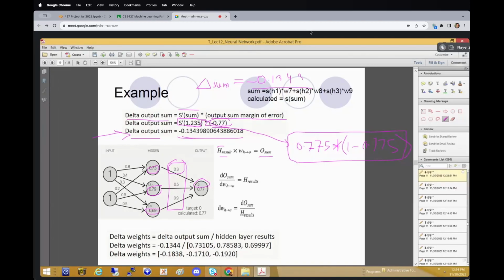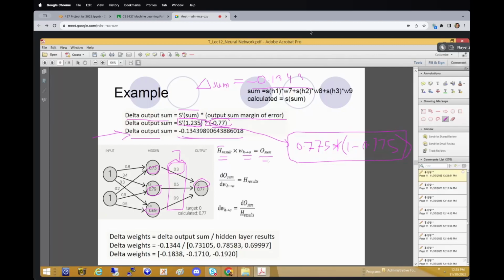Then we multiply with the weights of the hidden to output layer. If we consider those as vectors, the hidden result is a vector and the weights who is a vector.